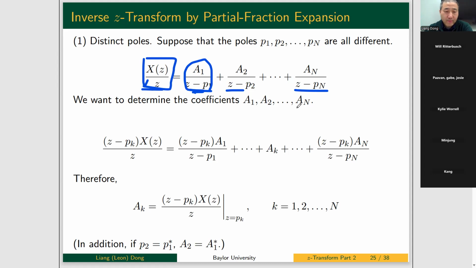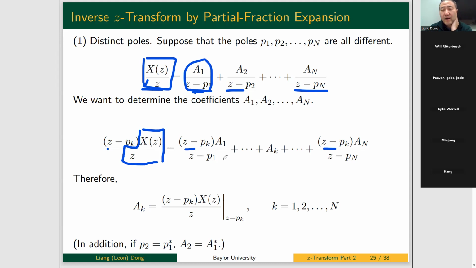How to do that? Well, follow the book. There are many ways to do it, but I think this is an interesting way. Let me put this in my box: X(z) over z. I multiply both sides by z subtract p sub k, on the left and the right.